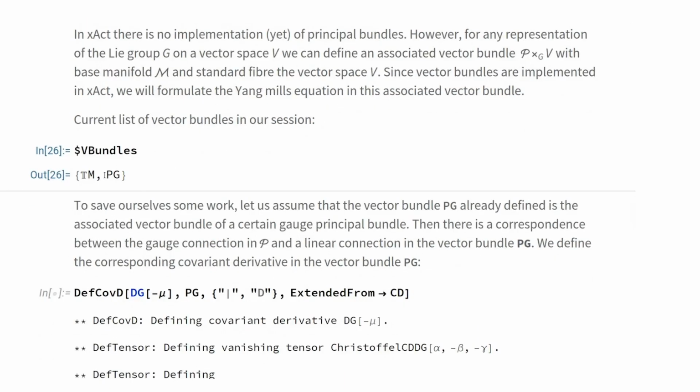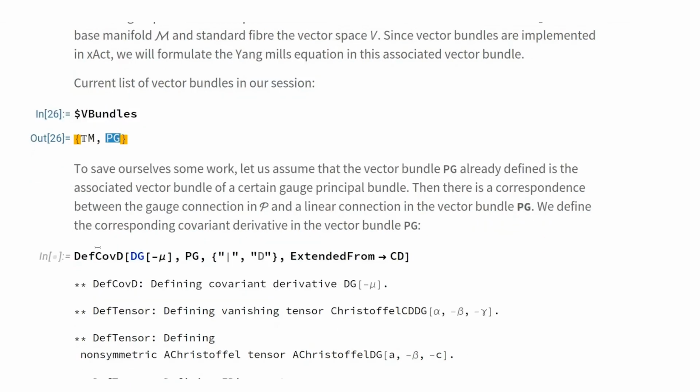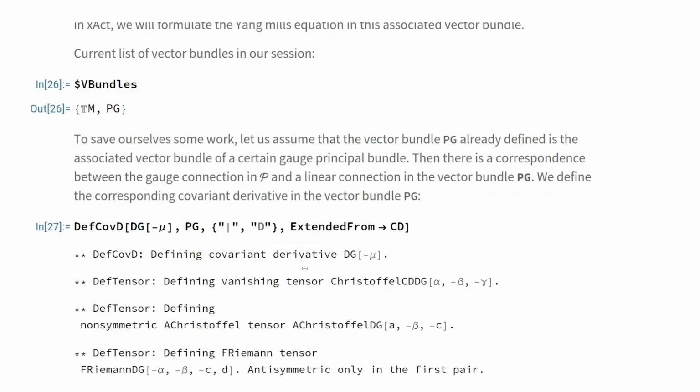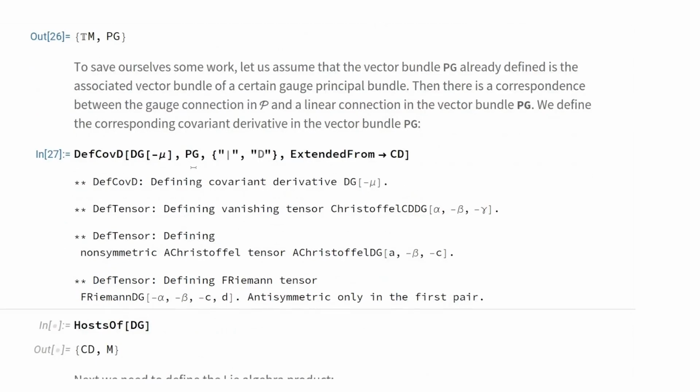Since I have already defined a vector bundle, I'm going to use it as the associated vector bundle of some principal bundle in which a gauge connection has been defined. So what I need to do now is define a covariant derivative that is going to be the covariant derivative associated to the gauge connection in the principal bundle.